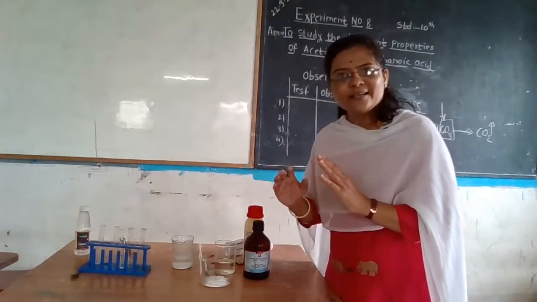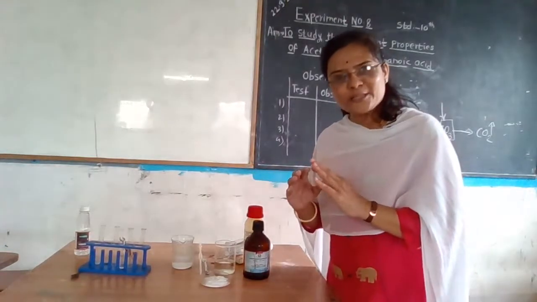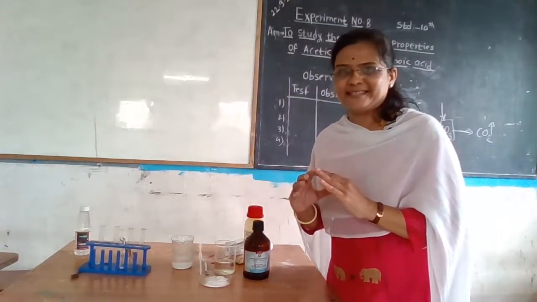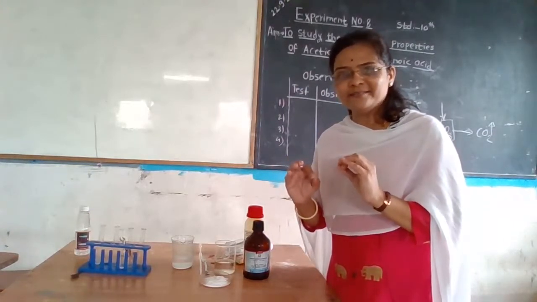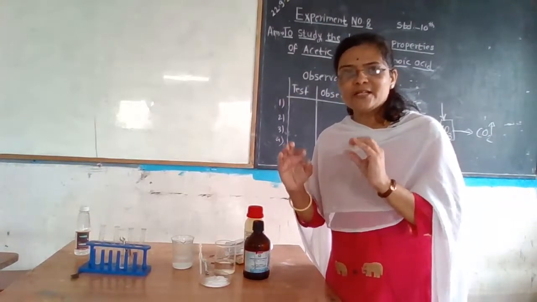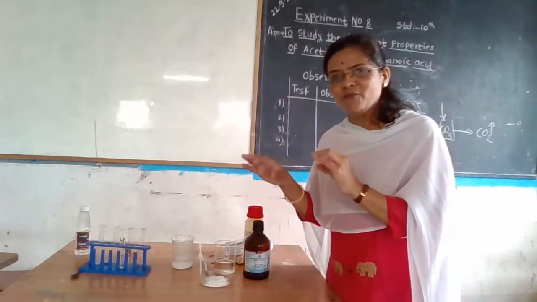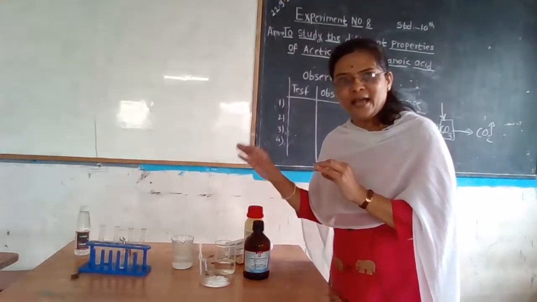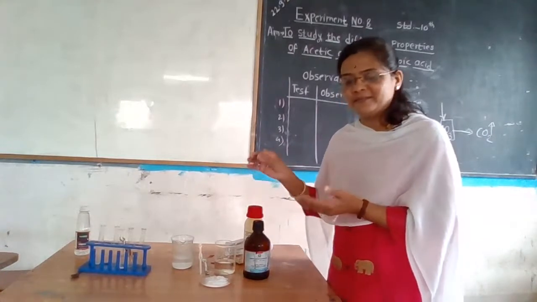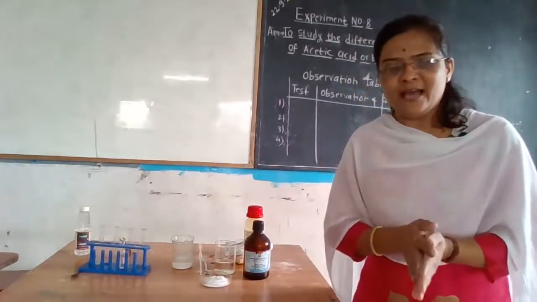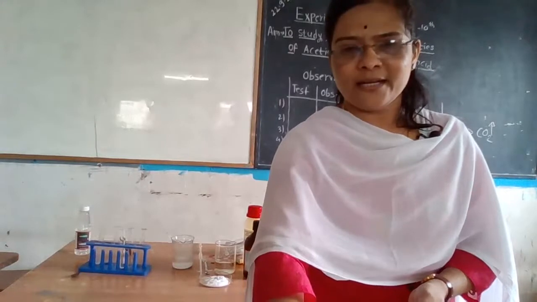Did you like this experiment? Yes. So study hard, and science is a minute observation of each and every object, and when I demonstrate, you remember. So remember this and write it in your practical manual.